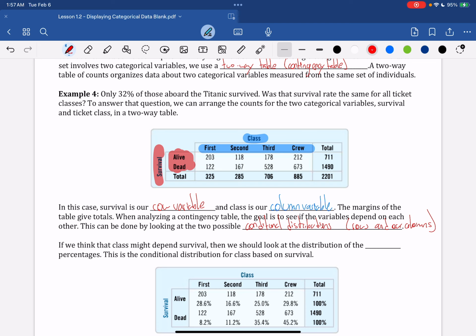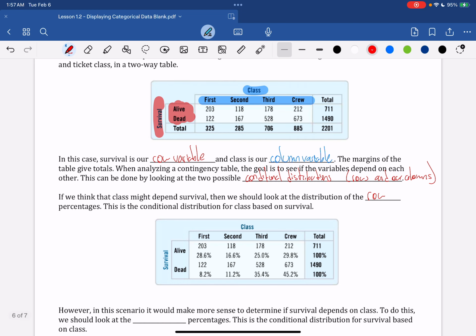If we think that class might depend on survival, then we should look at the distribution of the row percentages.